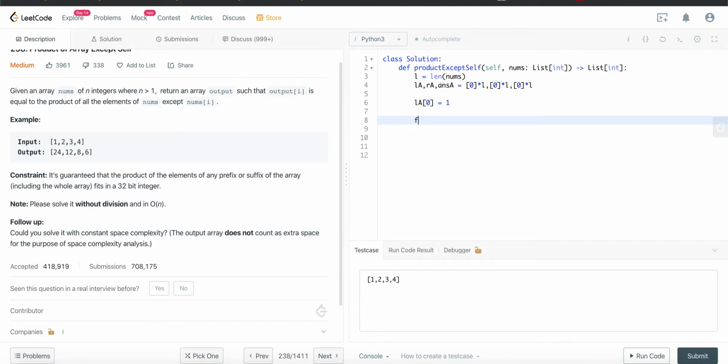So we are multiplying by LA of i, which starts as 1. It will be the product of all the left elements into nums of i minus 1.